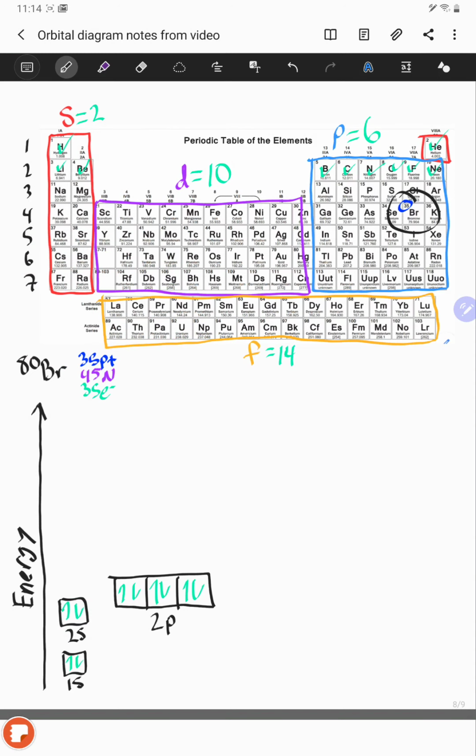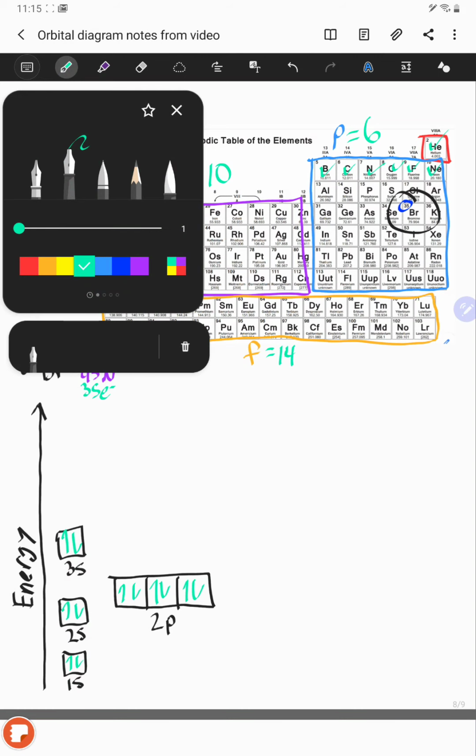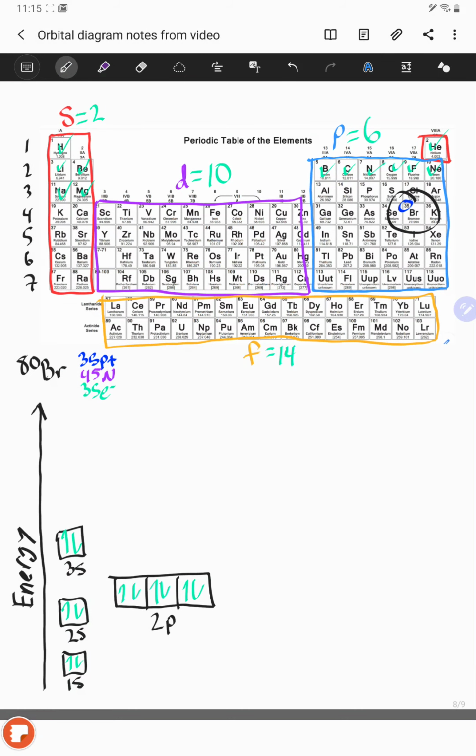Next, we are going to go left to right. We're now at the 3s orbital. We can fill in our electrons. We're still not at bromine. And then after that, we're going to get to the 3p orbital.